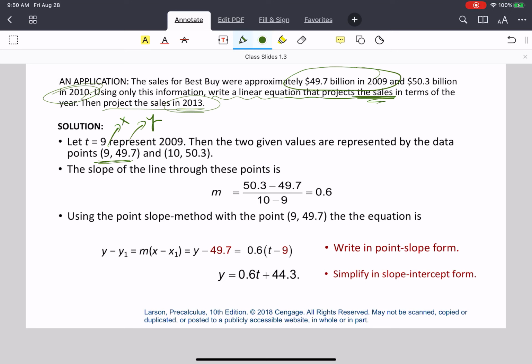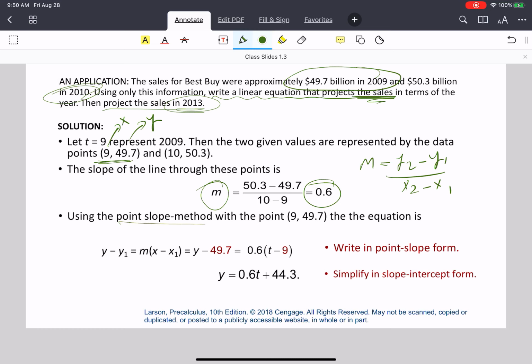So 10 is representing 2010. Then the slope of the line uses y2 minus y1 over x2 minus x1. So here we were able to find the slope, which will get you 0.6.